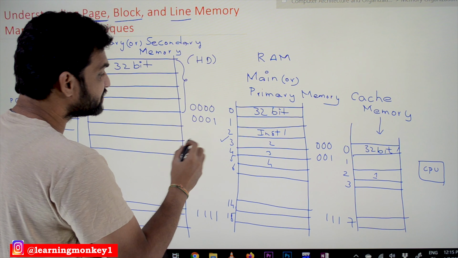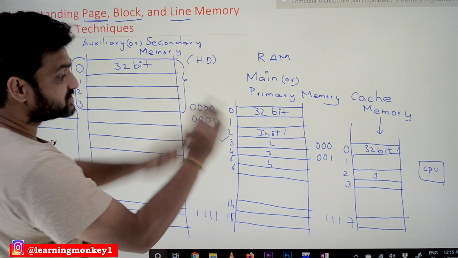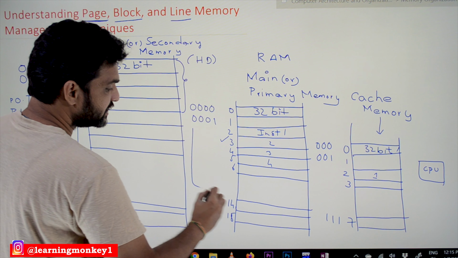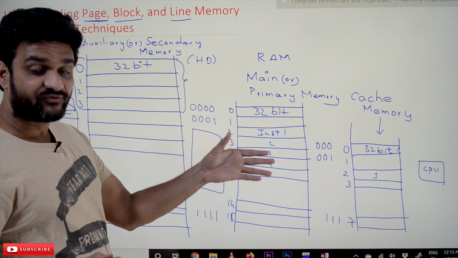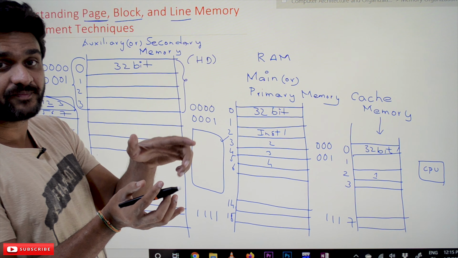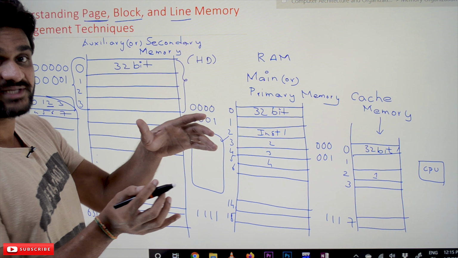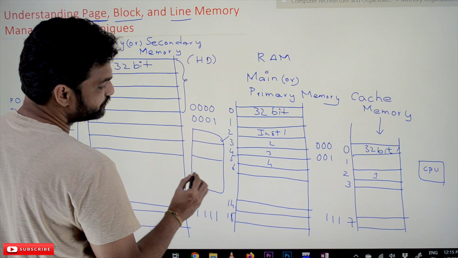So how will the main memory become? Physically it looks like this, but conceptually it has 16 words. 16 words grouped 4 at a time means 16 by 4, so it is going to have 4 blocks.